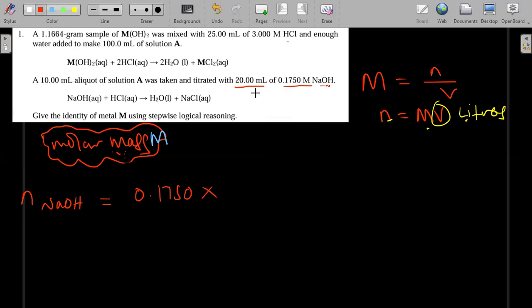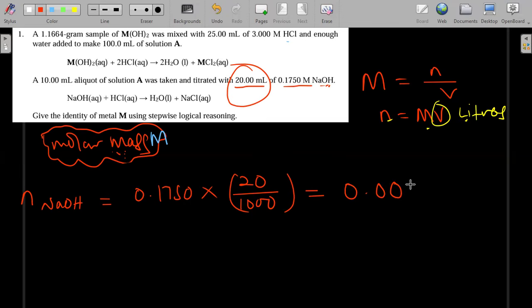This volume has been given in milliliters, so we change this milliliter to liters by dividing by 1,000. When I divide there, I'm finding 0.0035 moles. So these are the moles of sodium hydroxide.